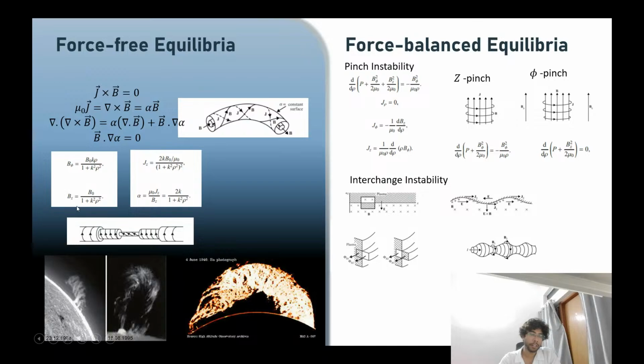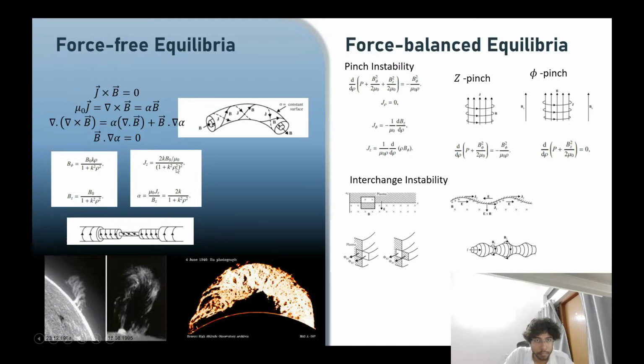From here we can calculate J, from Maxwell's equation, del cross B equals mu naught J. If you have a magnetic field of this configuration, we can calculate J, and Jz will turn out to be something like this.